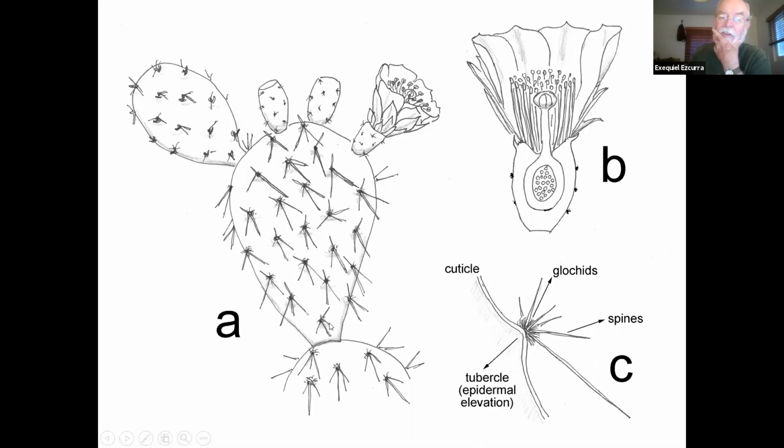So really, the typical plant metamere formation of leaves, nodes, internodes, and axillary buds is respected and maintained in the family Cactaceae. Each of the epidermal elevations, the tubercles, are really nodes along the stem.